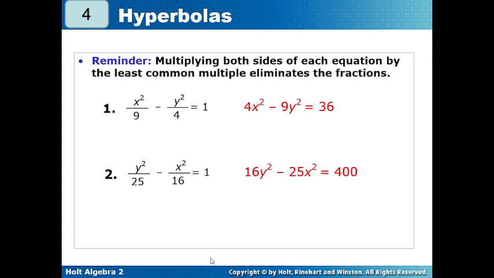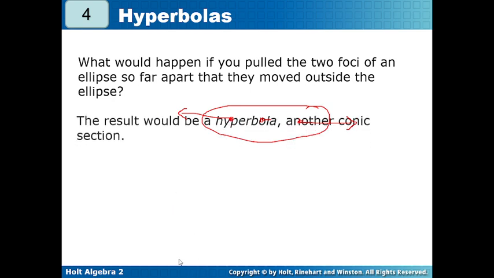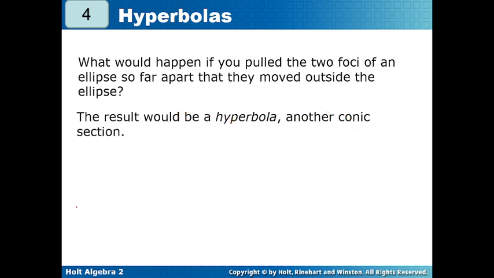This is the other slide, the one that I mentioned a while ago. What would happen if we pull the two foci of an ellipse so far apart that they move outside of the ellipse? Once again, this is the ellipse, this is the center, these are the foci. Once we move them outside of the ellipse or beyond the vertex, they will result in a hyperbola, or another conic section.